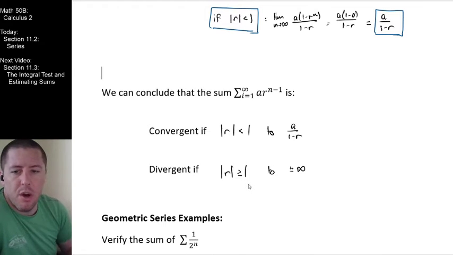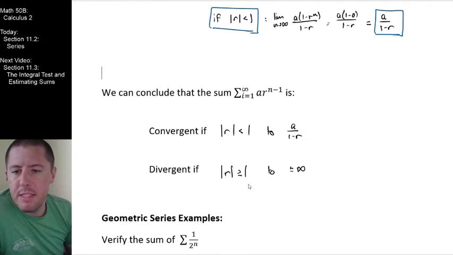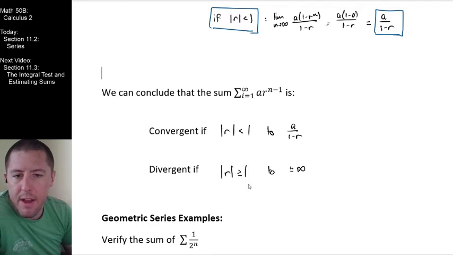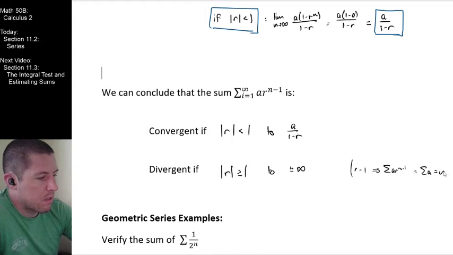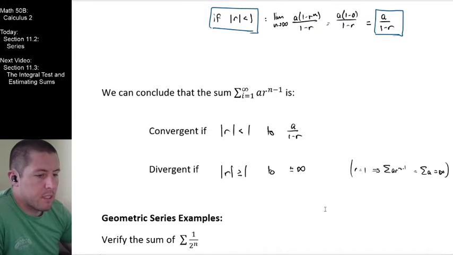If your common ratio is equal to 1, then you're adding up an infinite number of the exact same term, so that would just be the sum of a. That's going to diverge to infinity as well.